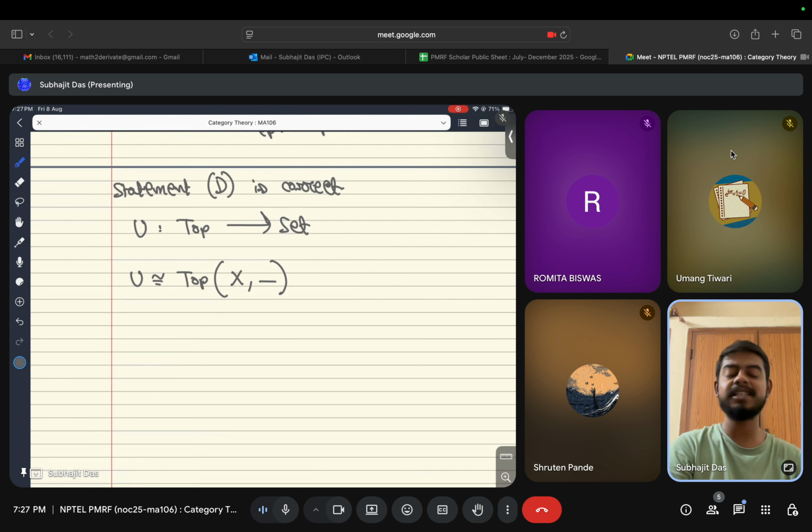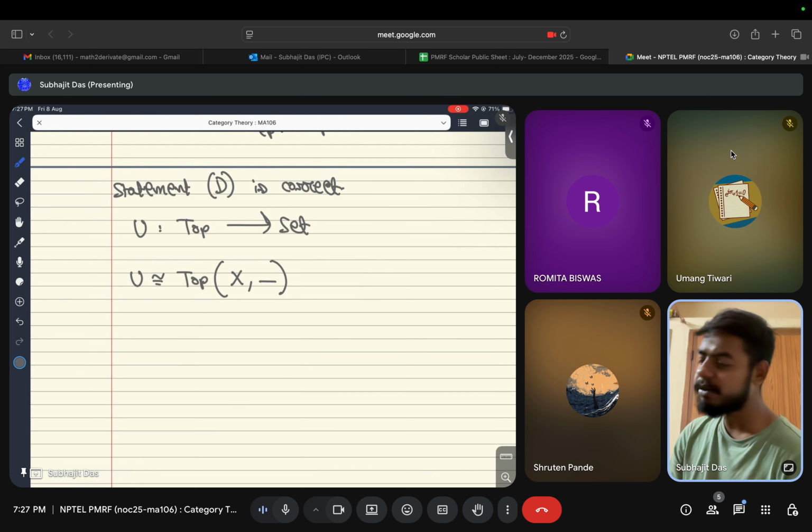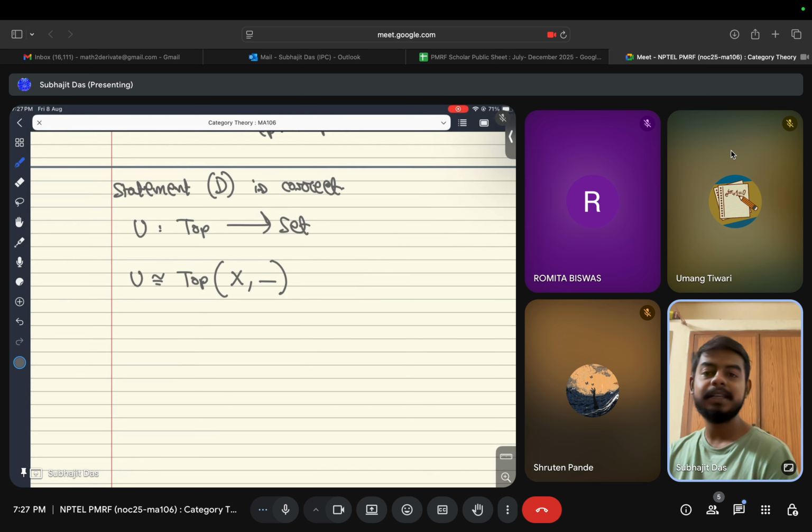So what should that X be? What can such a space X be, so that continuous maps from X to Y are the same as elements of UY? This is just an intuitive proof, because the isomorphism exhibited here should be a natural isomorphism.